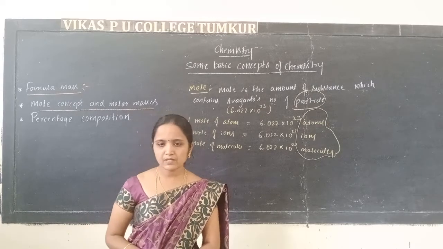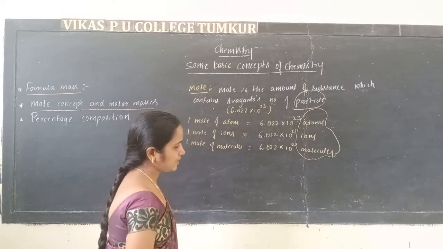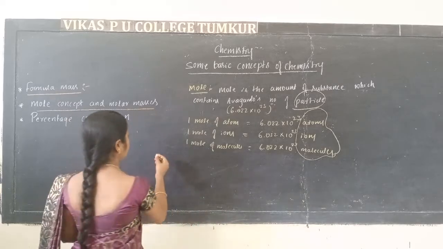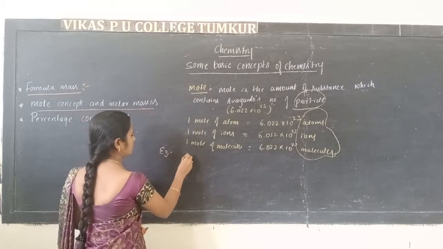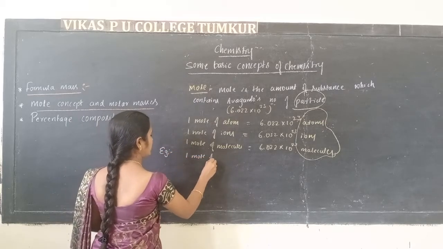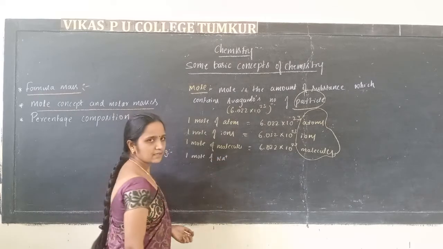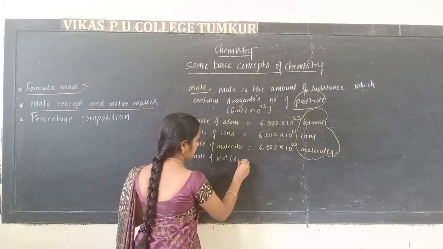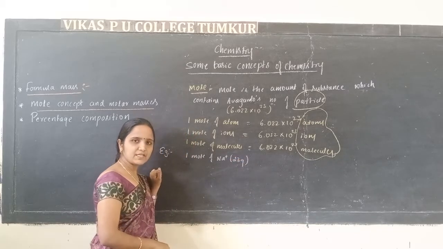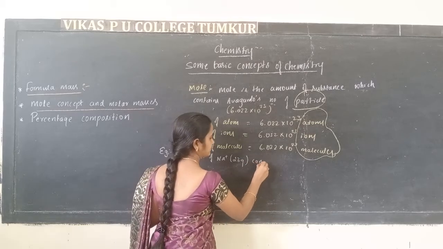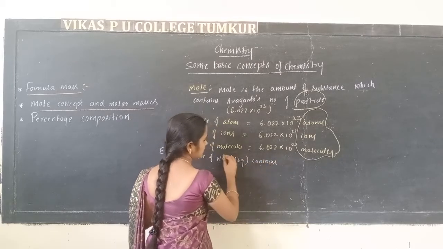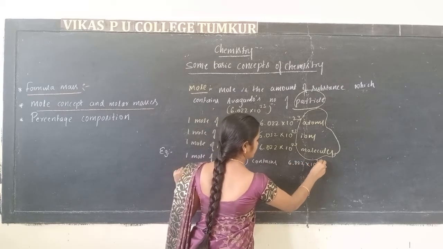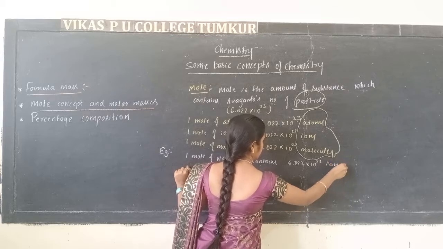Example: 1 mole of Na plus contains, Na plus is 23 gram, the atomic mass of sodium, contains 6.022 into 10 to the power of 23 ions.